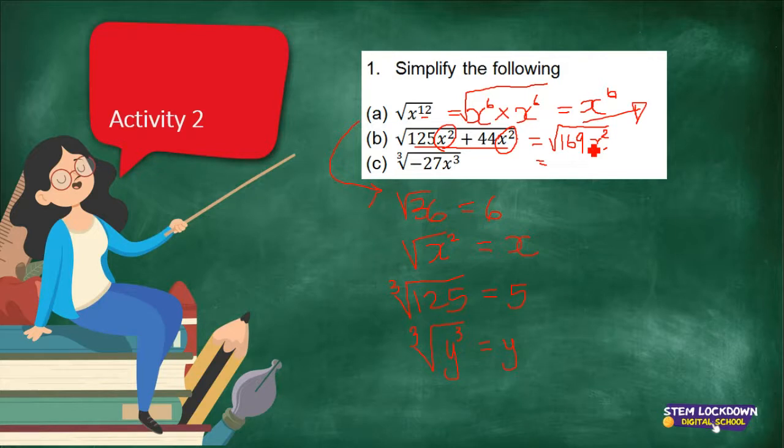Obviously, that number was 13, because 13 times 13 is 169. Likewise, x times x gives you x squared. So in this case, your answer will be 13x.